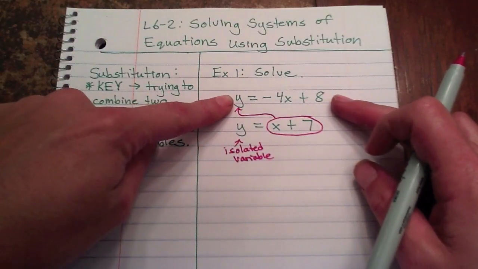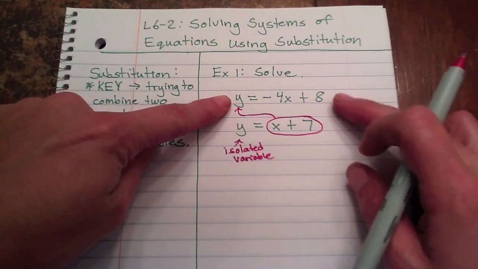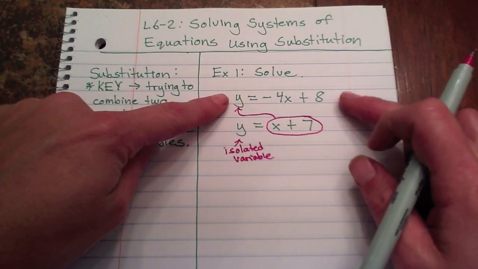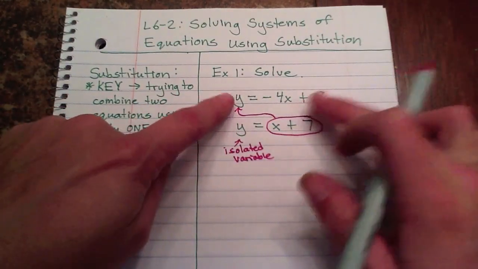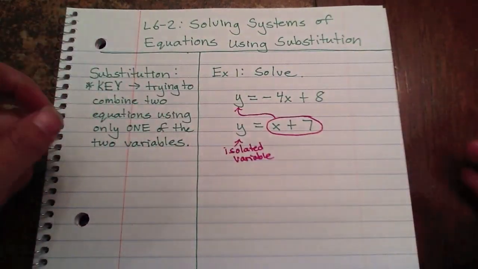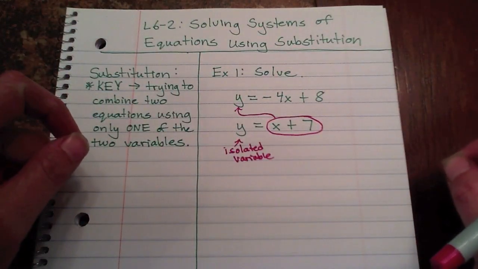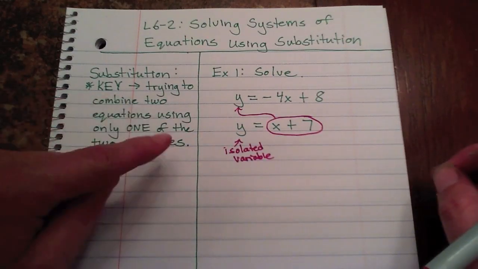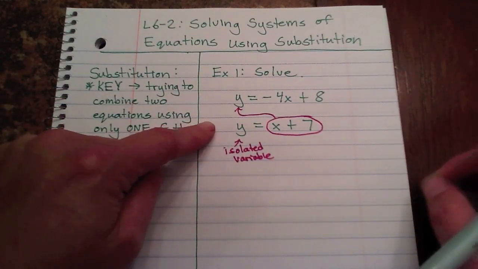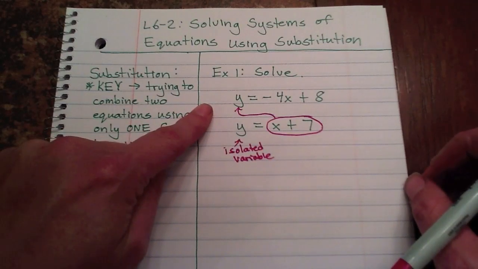You're going to end up with one variable, and now you're going to be able to solve for that one variable. When you have two variables, you can't solve unless you know what one of the values is. So that's the whole purpose in this. Okay, if you don't understand what I just went through, hit rewind and start over with what I just explained here again, because it's really important that you understood what I just did there.